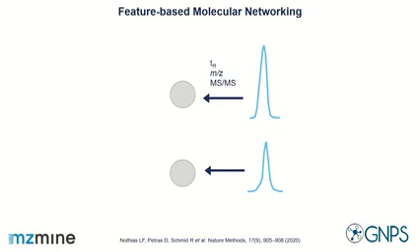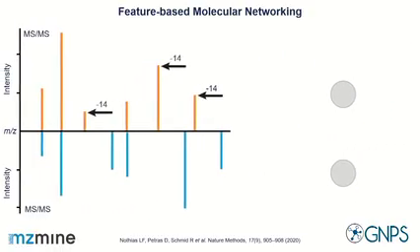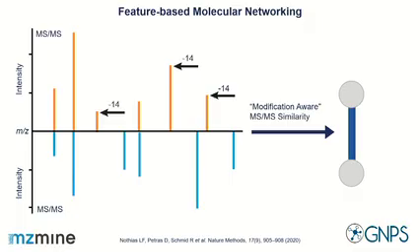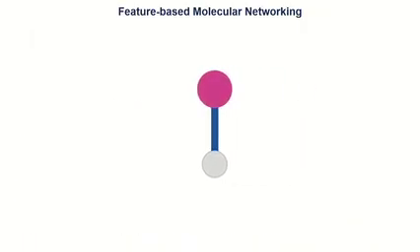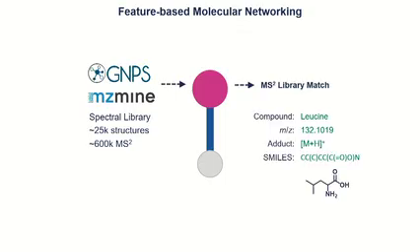This is very important, because we need the MS/MS fragmentation spectrum to calculate the spectral similarity between the spectra in our data set. It's very similar to spectral library matching, except that we also account for modifications. In the second step, we also do spectral library matching to annotate compounds. You could also use some in silico tools and then map all the annotations back into the network.